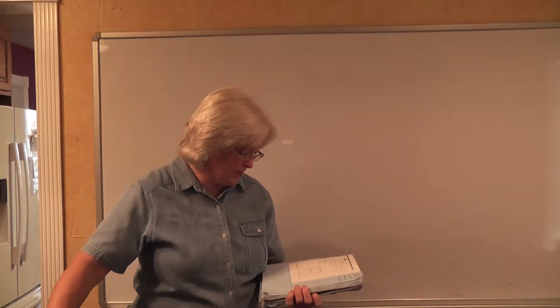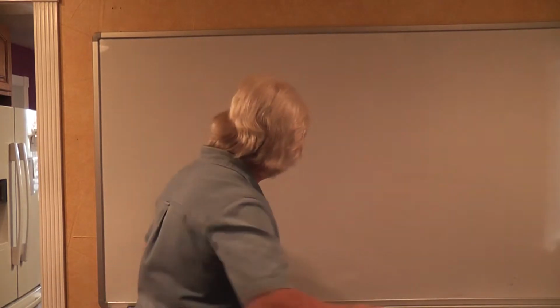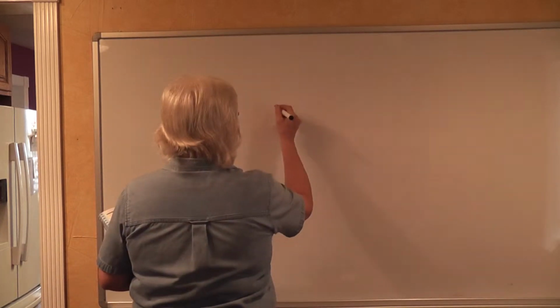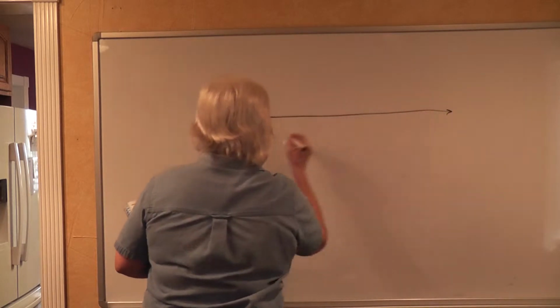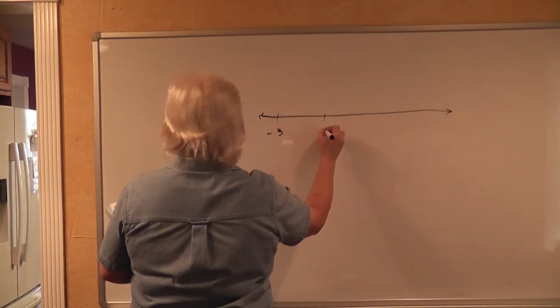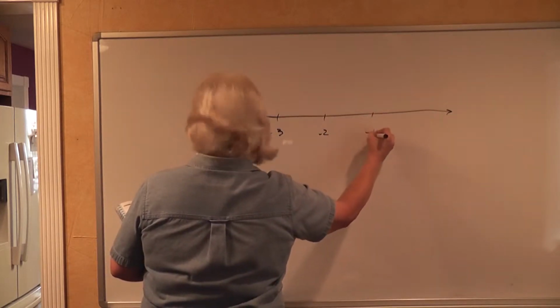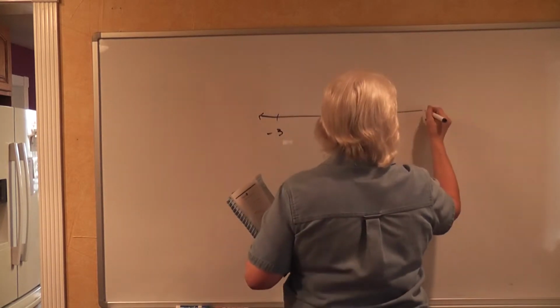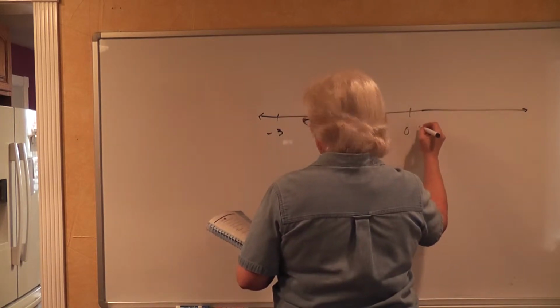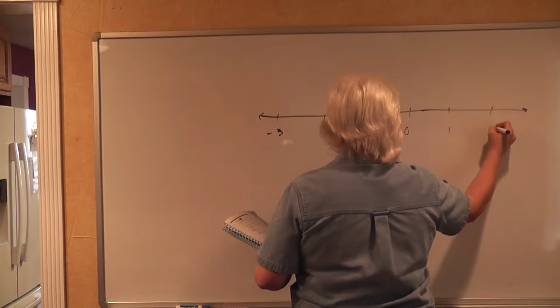Skill check on page 187 says, give the rational number for each point. Point A is, I guess I could go ahead and sketch this for you. Really didn't think it was particularly necessary, but maybe it will be helpful to someone. So I have -3, -2, -1, 0, 1, and 2.